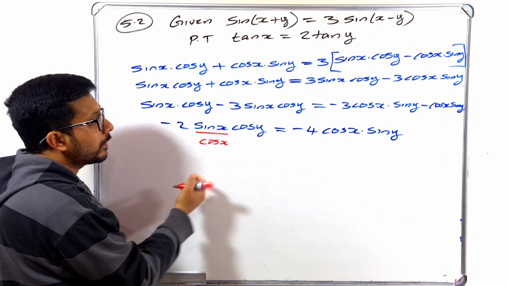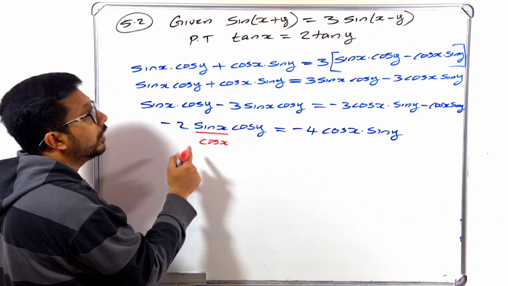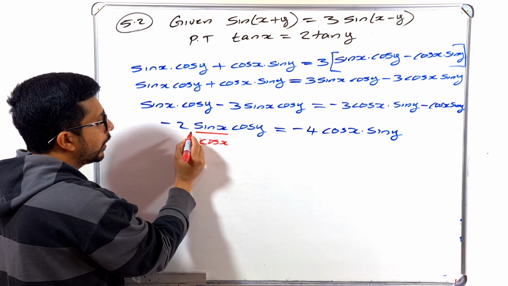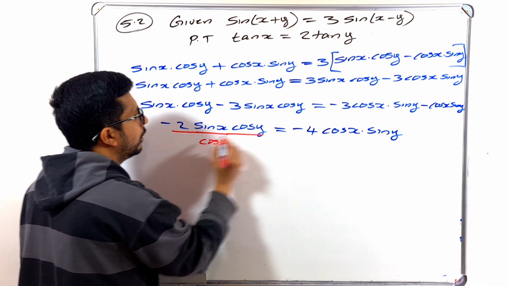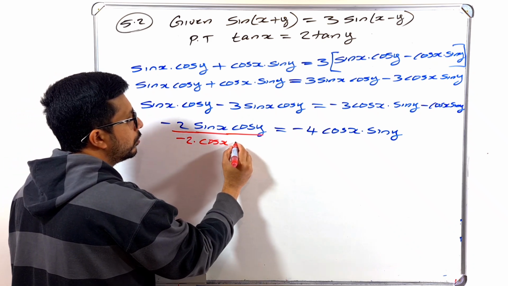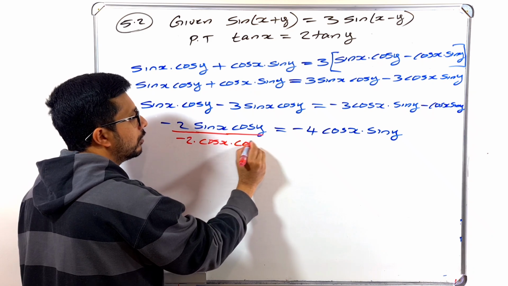But I have to cancel this minus 2, this is an extra thing, then only I will get this tan x. So what I am going to do is, I want to get tan x here, so I am going to divide both the sides by minus 2 cos x, then this one also I have to cancel, so cos y.